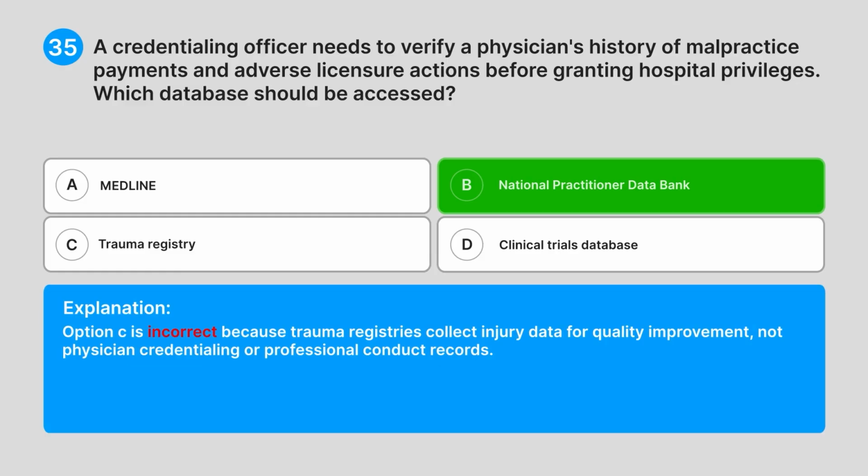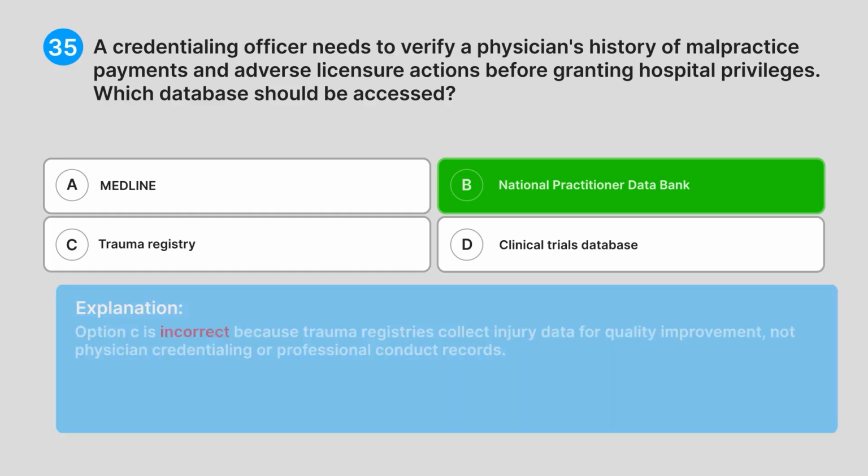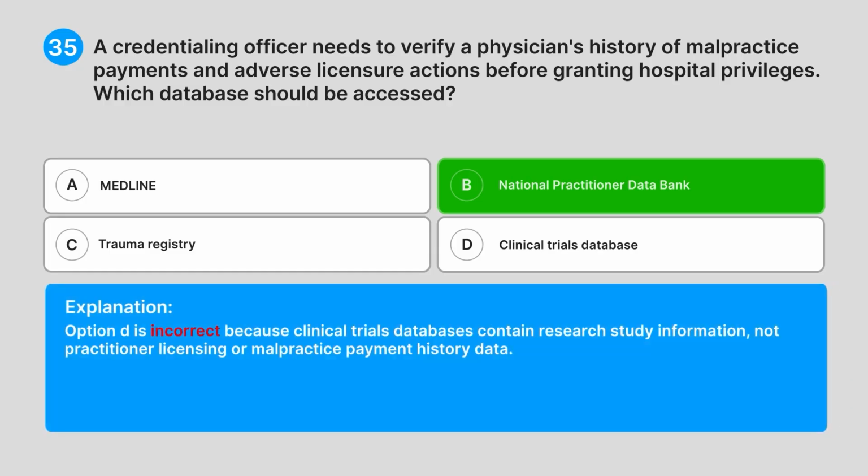Option C is incorrect because trauma registries collect injury data for quality improvement, not physician credentialing or professional conduct records. Option D is incorrect because clinical trials databases contain research study information, not practitioner licensing or malpractice payment history data.